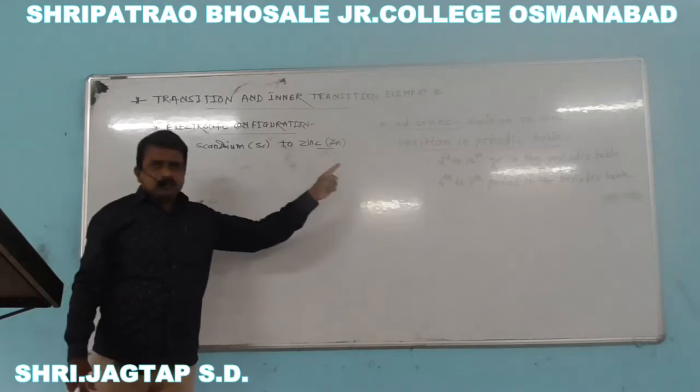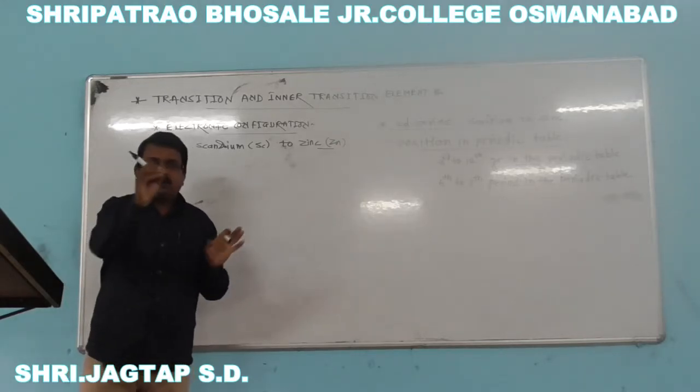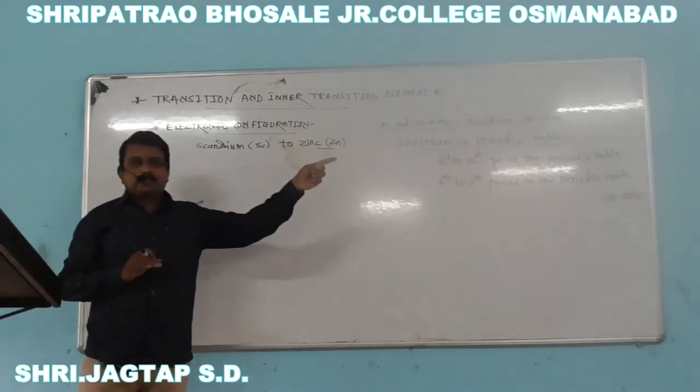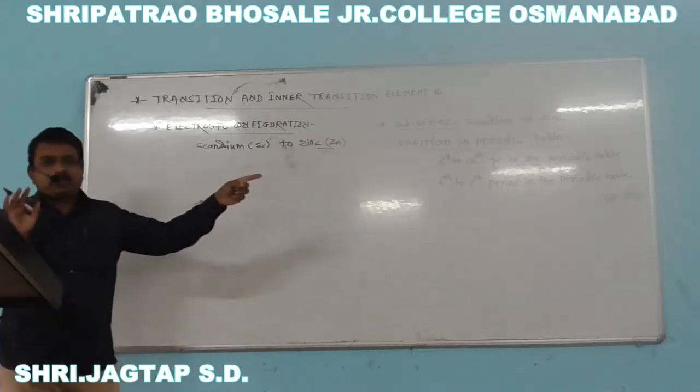In all these elements the last differentiating electron enters the 3d orbitals. Therefore, these elements are called the 3d series. These elements are called the d block elements.